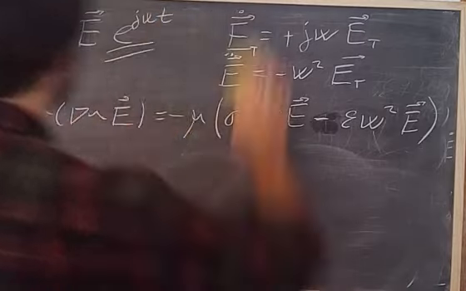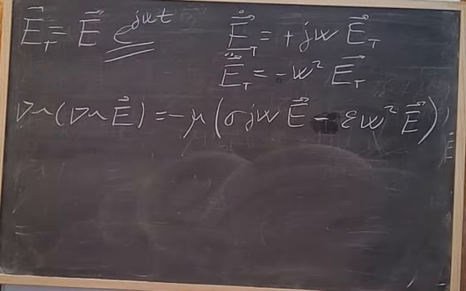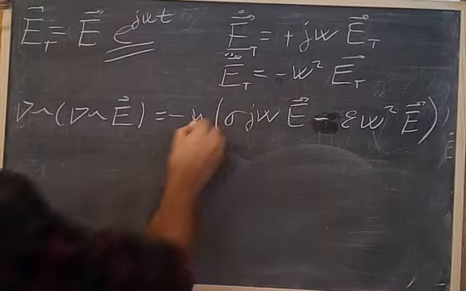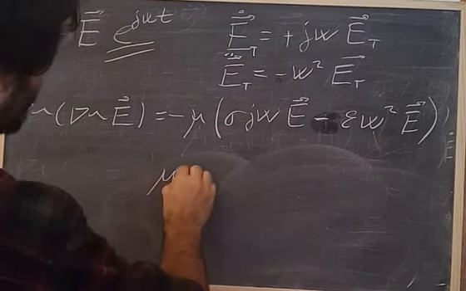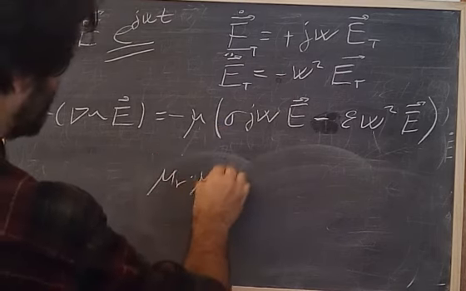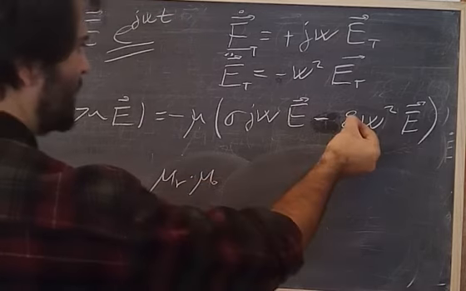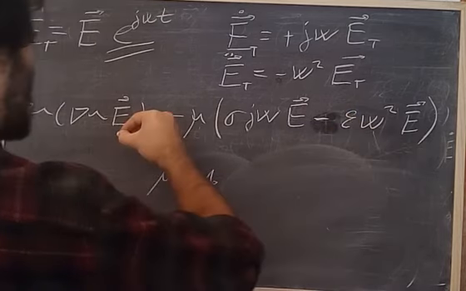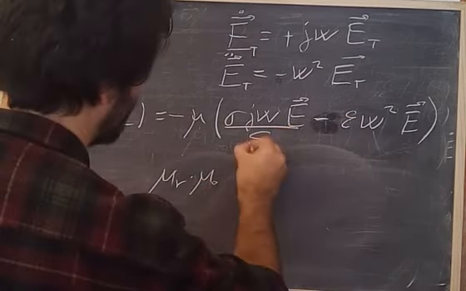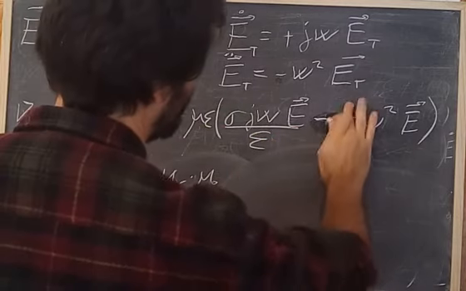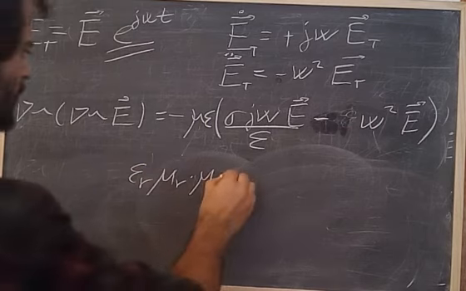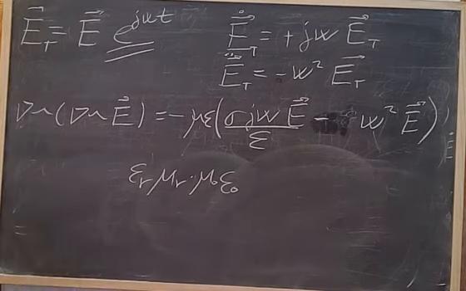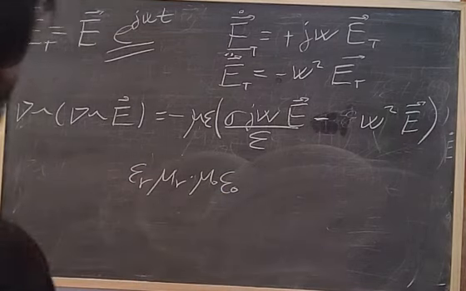Now I can play a little with the numbers and write here this number like mu r multiplied by mu 0 and move this parameter outside of the equation. For epsilon, I move this here, write epsilon r multiplied by epsilon 0. This could be in the equation.